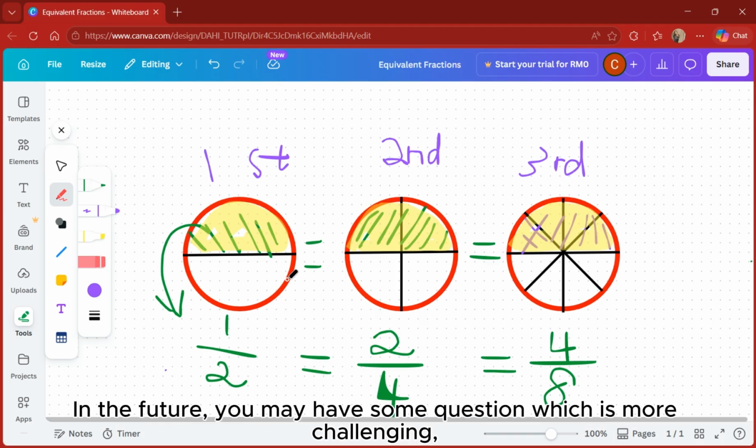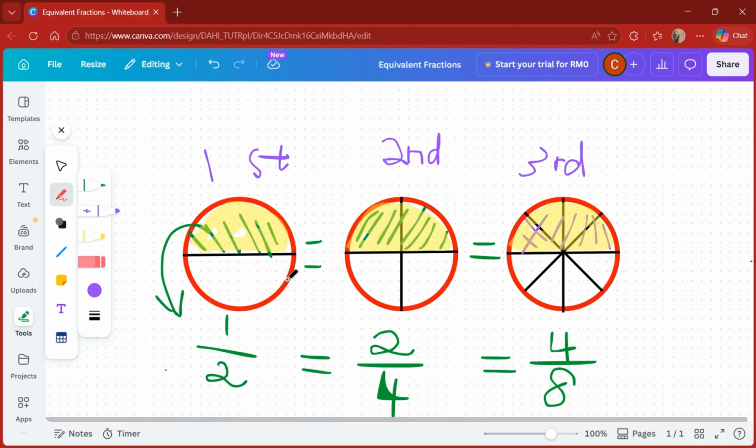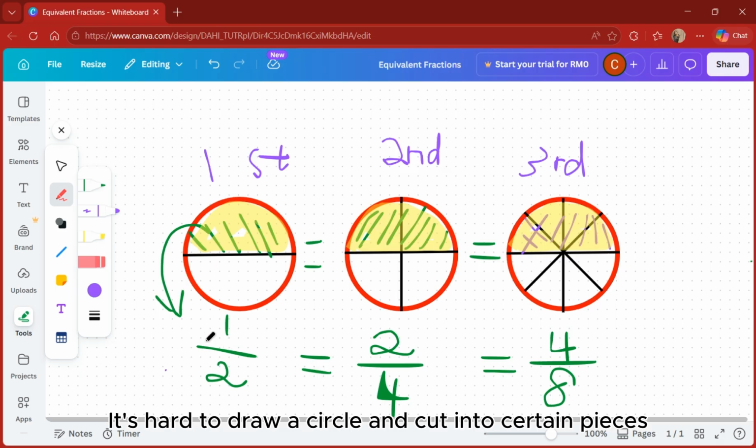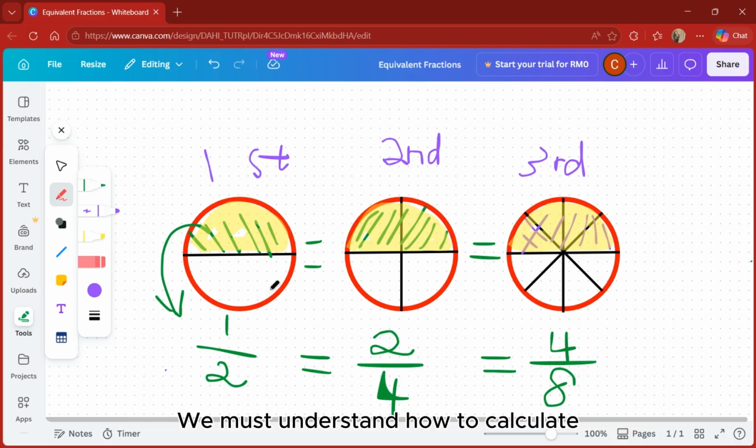In the future, you may have some questions which are more challenging. So the numbers won't be this kind of easy, right? It's hard to draw a circle and cut it into certain pieces. We must understand how to calculate and how to find the equivalent fraction.